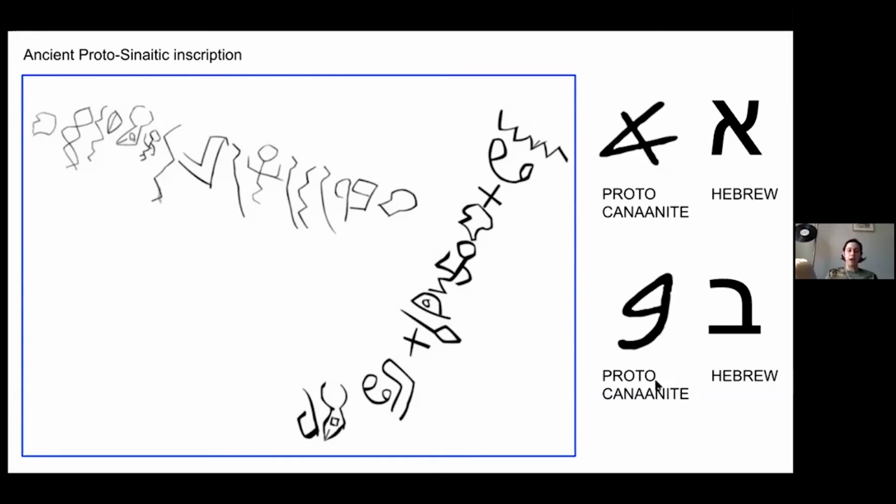Exactly. And also nowadays we write Hebrew from right to left, but that wasn't always the case. You could write Hebrew from left to right, from right to left. Back in the day, they didn't care which direction you wrote in. So do you know at what point they decided that instead we're going to write from right to left, as opposed to other languages that write the opposite way?